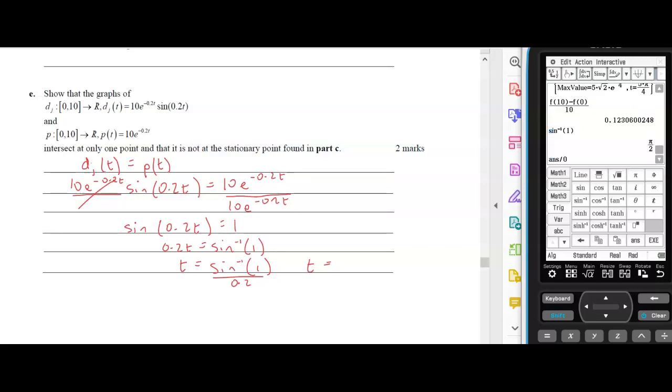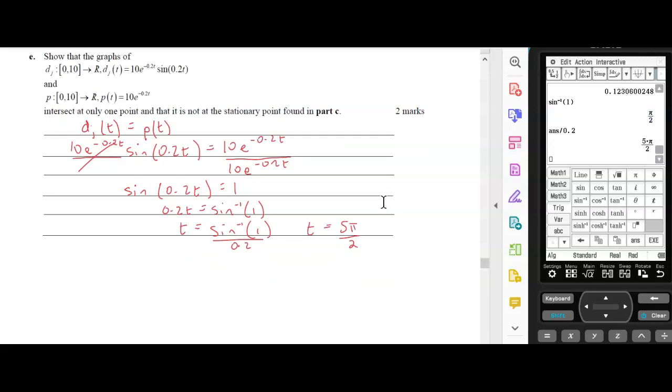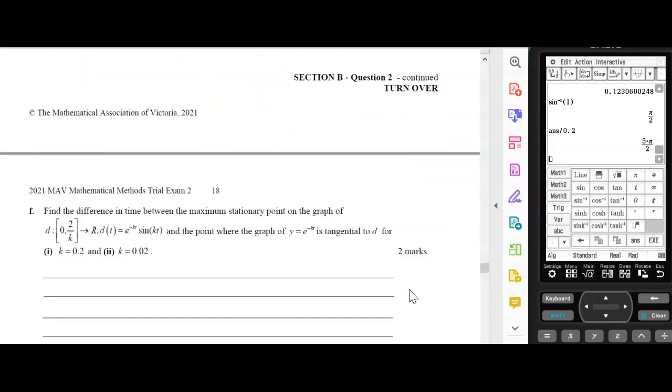Divided by 0.2. 5 pi on 2. All right, so, I mean, that's the point. And that is not the stationary point found in part C. I'm not sure how else to do that because the stationary point was at t equals 5 pi on 4, which does not equal 5 pi on 2. All right, let's move on.